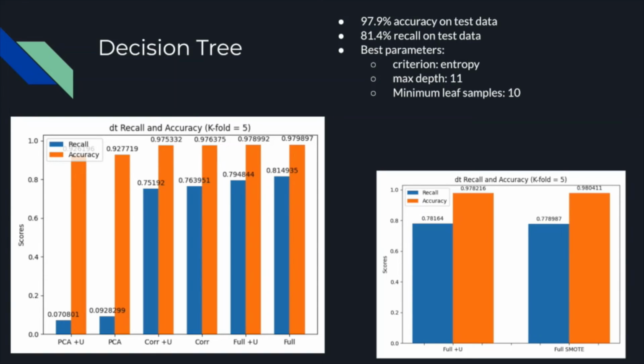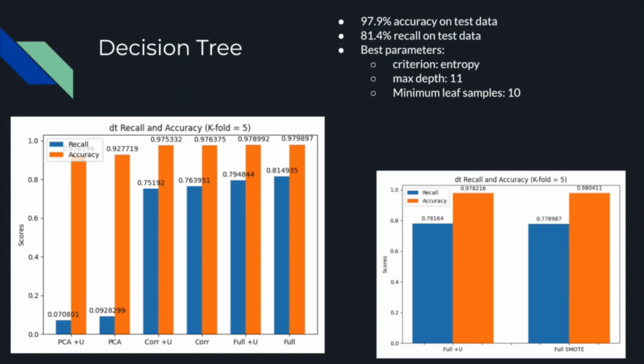The core stands for features we handpicked from looking at the correlation matrix. PCA stands for PCA on the data, and the plus U sign stands for upsampling using the replacement method. As we can see here for the decision tree, it seems that the highest performance on recall and accuracy is on the full data set, which does not have any pre-processing done to it except for the initial filtering of unknown labels.